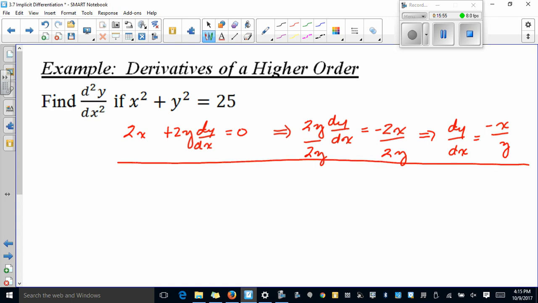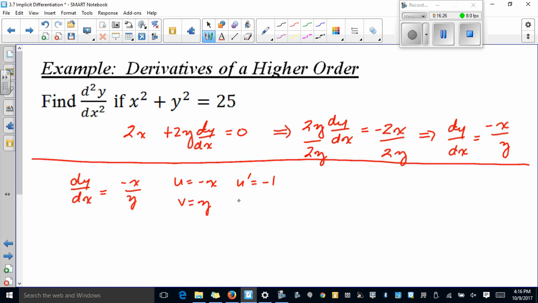Okay, but they want the second derivative, and that's the first derivative. So now we write, okay, so I have dy/dx equals negative x over y. Quotient rule. So I'm going to have u equal negative x, so u prime is negative 1. v equals y, so v prime equals dy/dx.